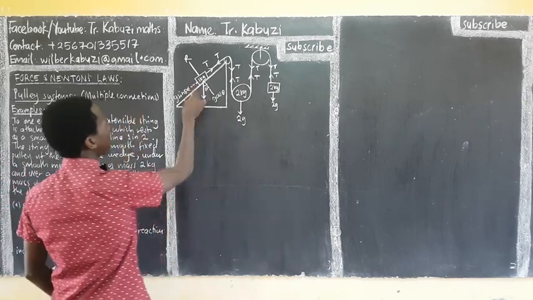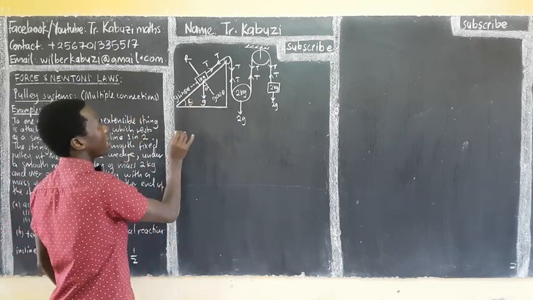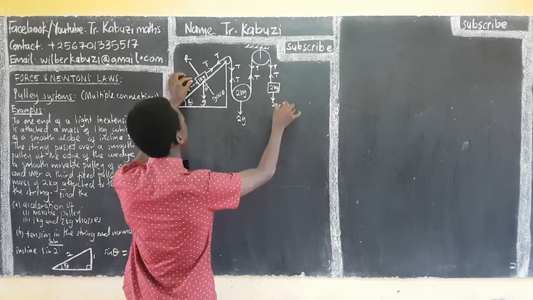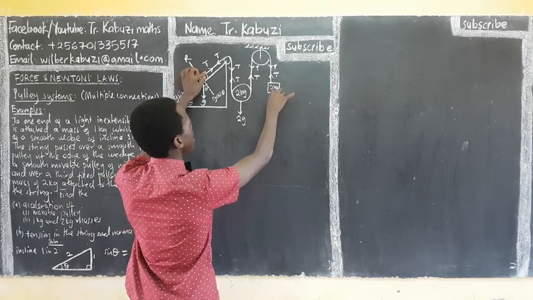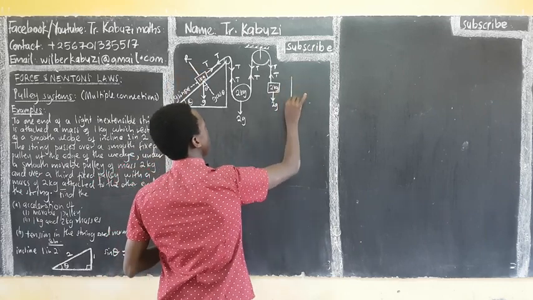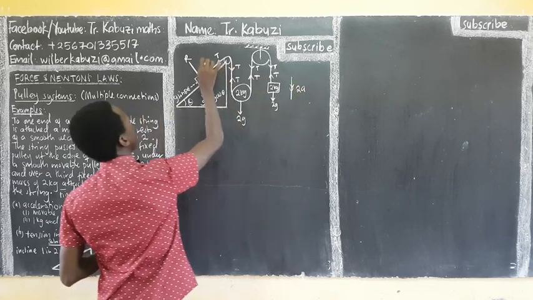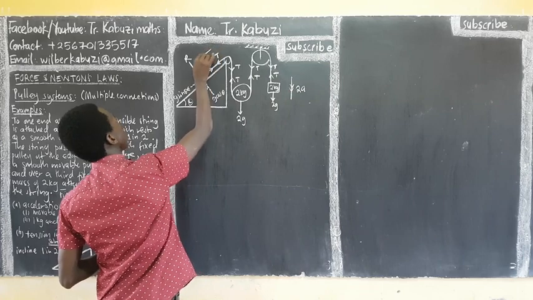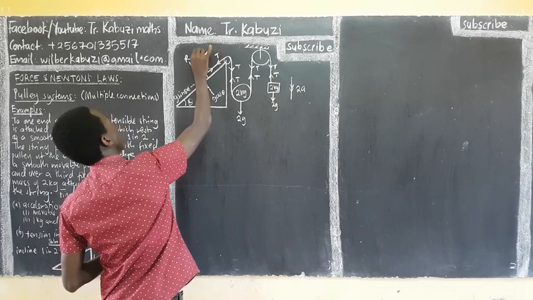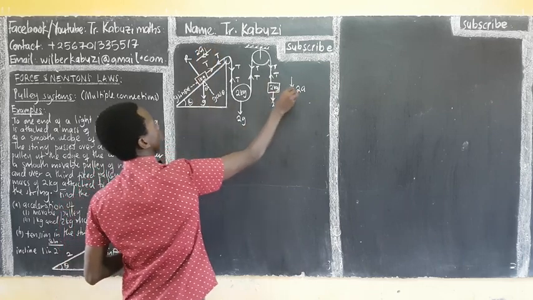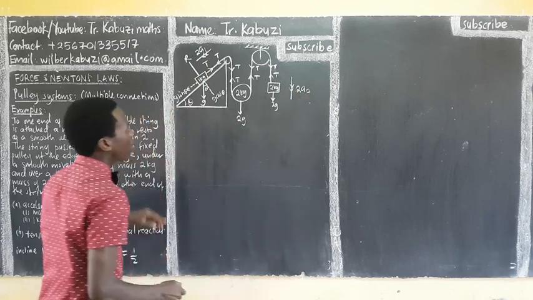So if I start with the 1 kilogram mass, now the acceleration, we say these are the 2 ends of the string, this end and this end. So we say this one, if it is going in this direction, the pulley will be moving with acceleration, and if we assume that this end is going in this direction, this is going to be A1, then we consider this one to be A2.